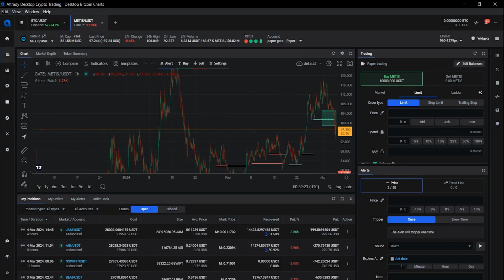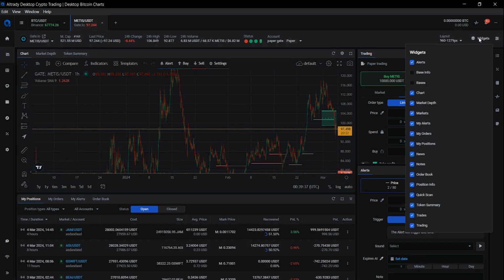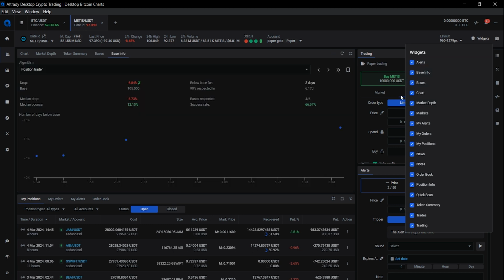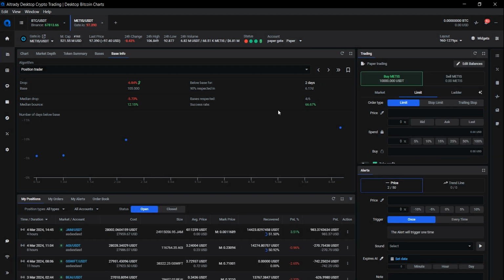Next, enable the base info and bases widgets by going to the top right, selecting widgets, and then choosing base info and bases. With these steps completed, you can view the bases.